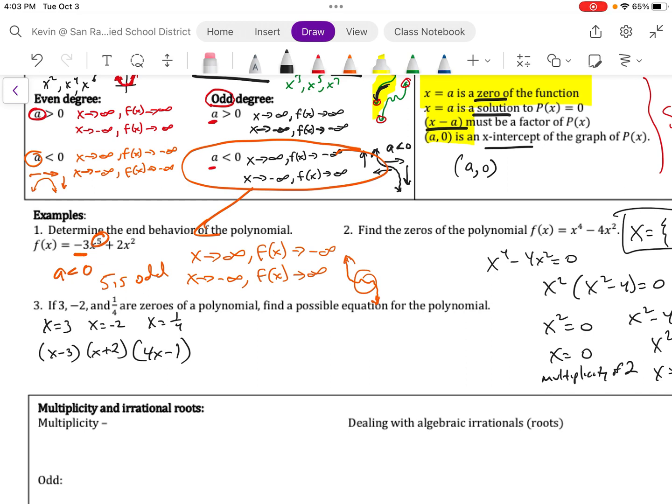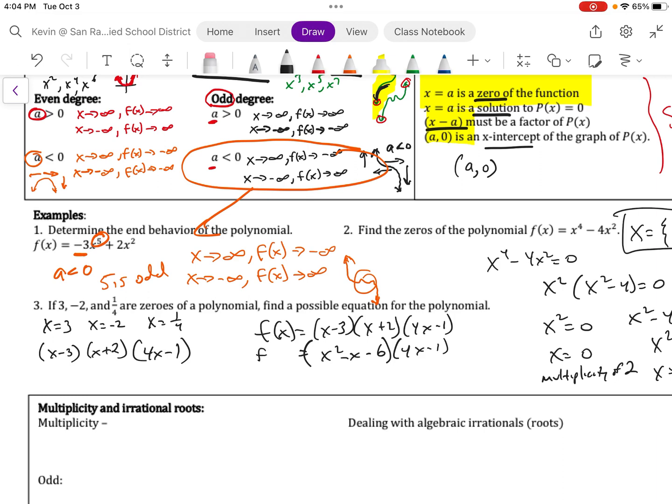Now all I have to do is multiply these together. So f of x equals (x minus 3)(x plus 2)(4x minus 1). Multiplying the first two together gives x squared minus x minus 6. And then I have to multiply this by 4x minus 1.